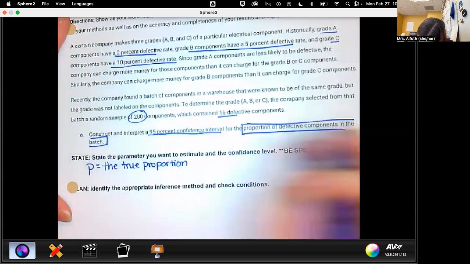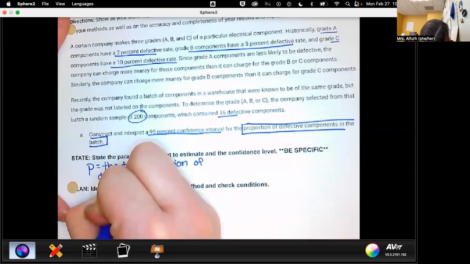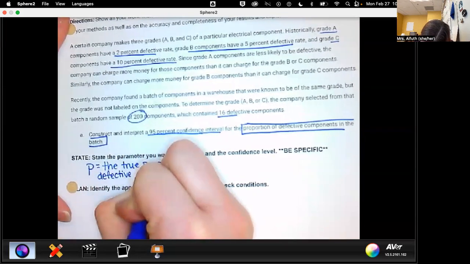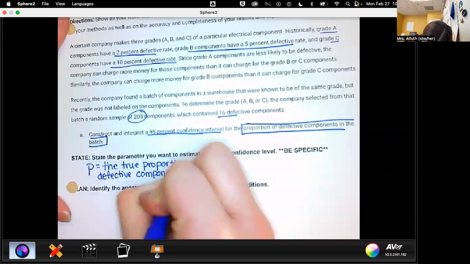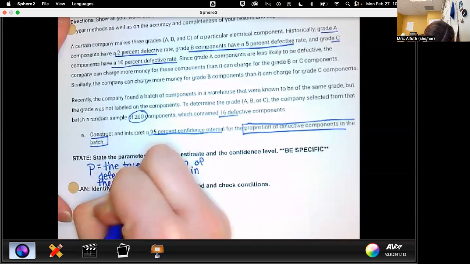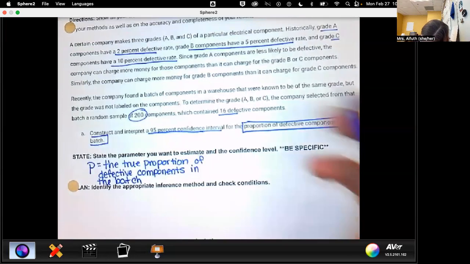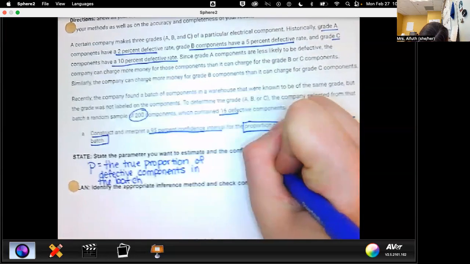So the true proportion of defective components in the batch. And then I also want to put my confidence level.